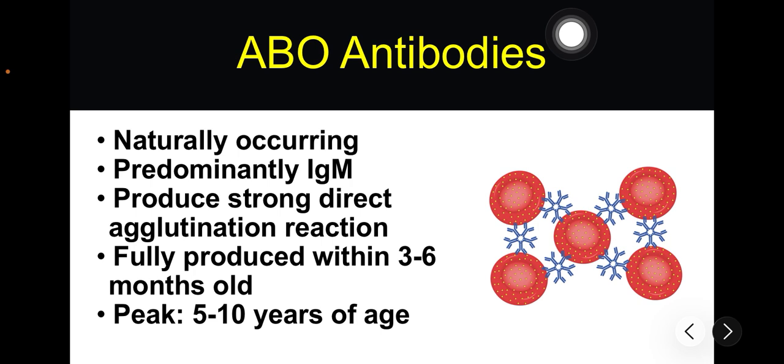These are the most important antibodies in transfusion medicine because they are predictably present in the serum of a normal, healthy individual. These antibodies follow Landsteiner's rule, which states that individuals possess antibodies directed against specific ABO antigens that are absent from their own red blood cells. For example, a group A person lacks the B antigen and will therefore have anti-B antibodies in their plasma.